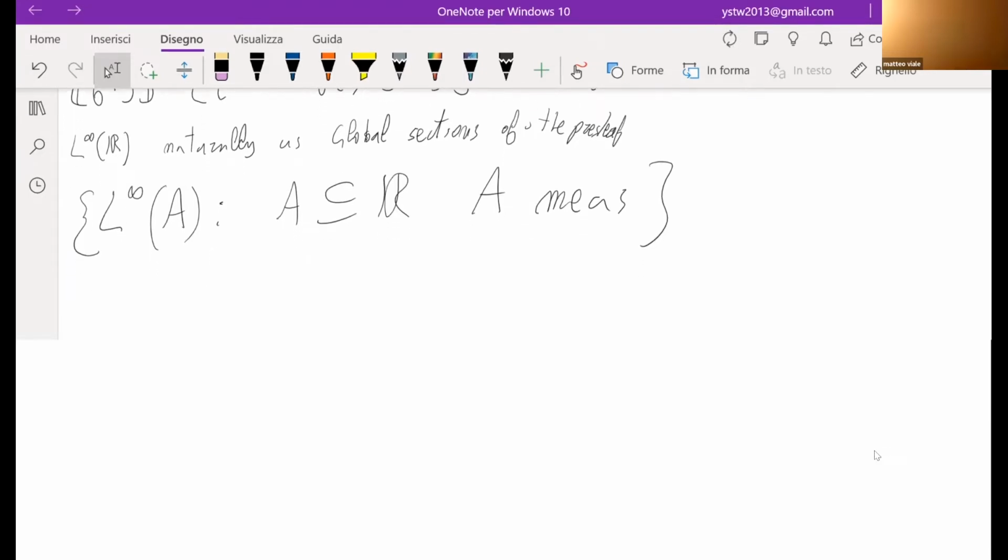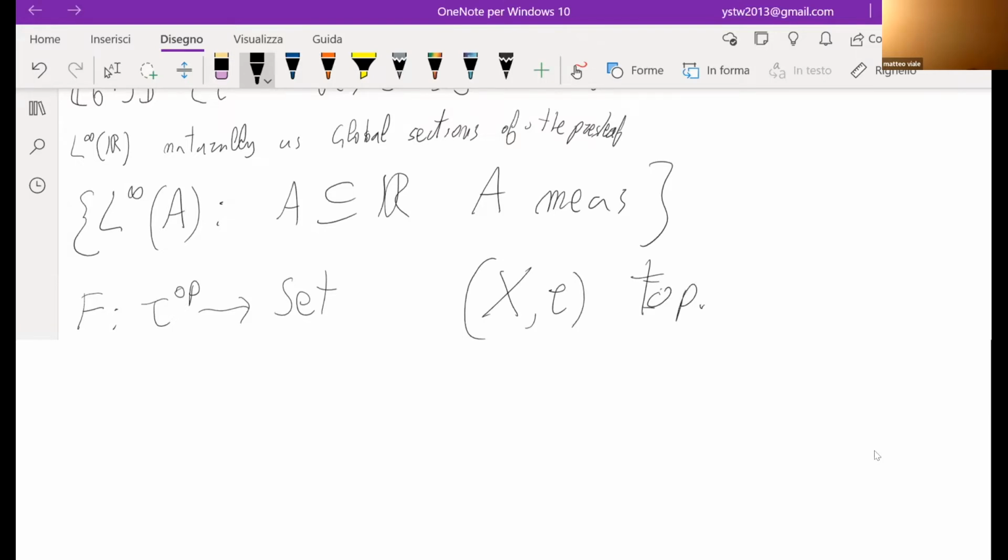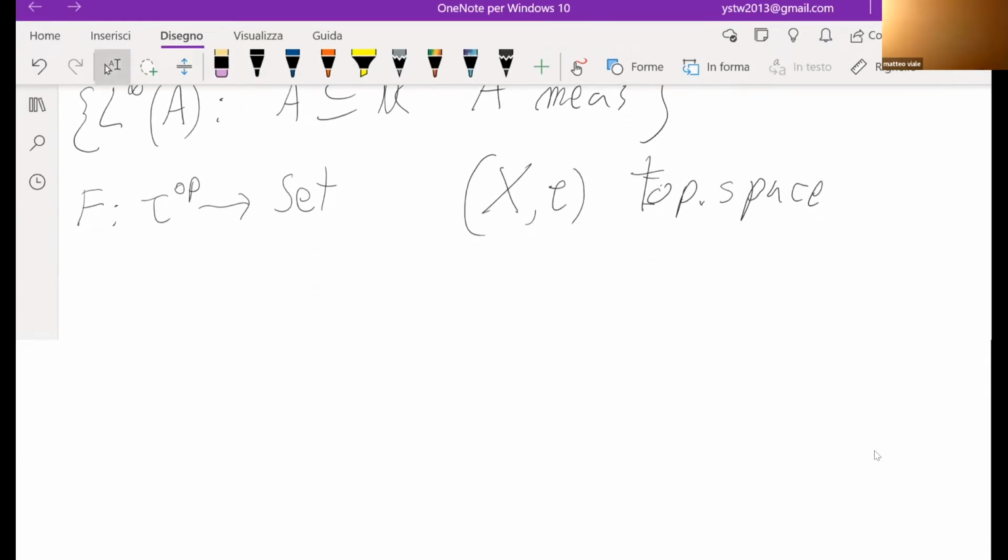Okay, so let me first informally define the functor that relates a presheaf to a Boolean valued model. We have a presheaf, which is a functor that to a topology, so X now a topological space, and I want to associate to this presheaf a Boolean valued model.